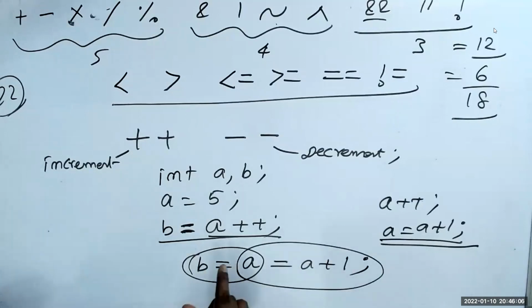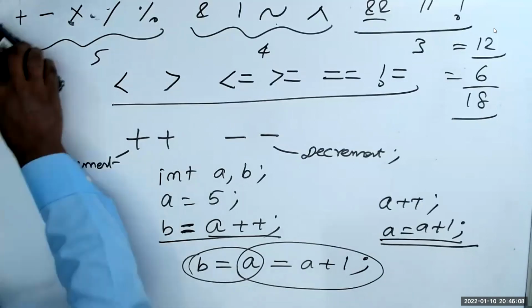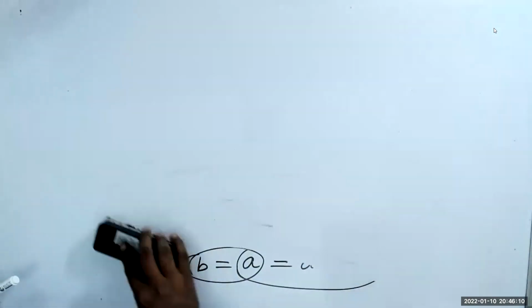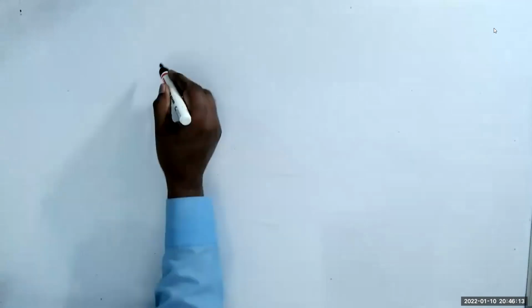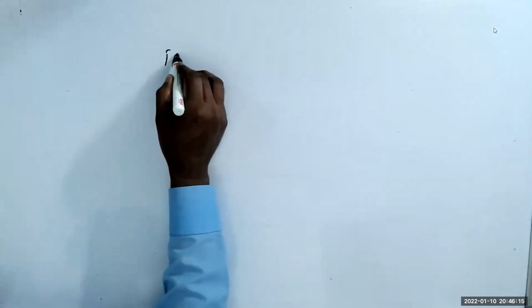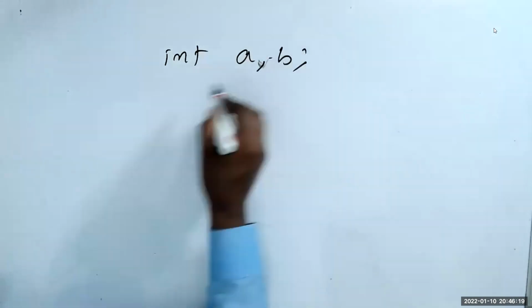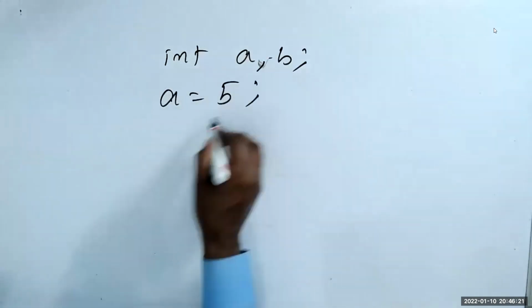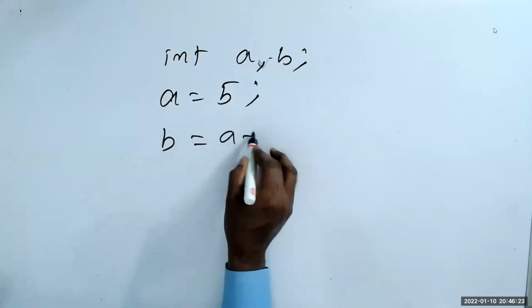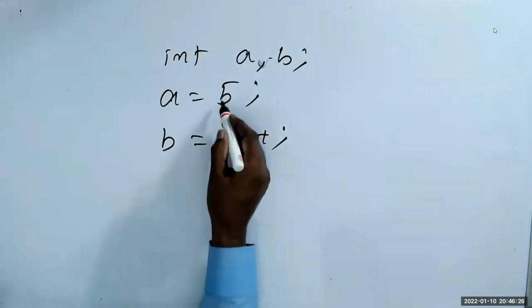Please understand, if I write like this, I'll erase all these things. This is very important to learn. If I say int A comma B, A is equal to 5, B is equal to A plus plus. Now A is 5.